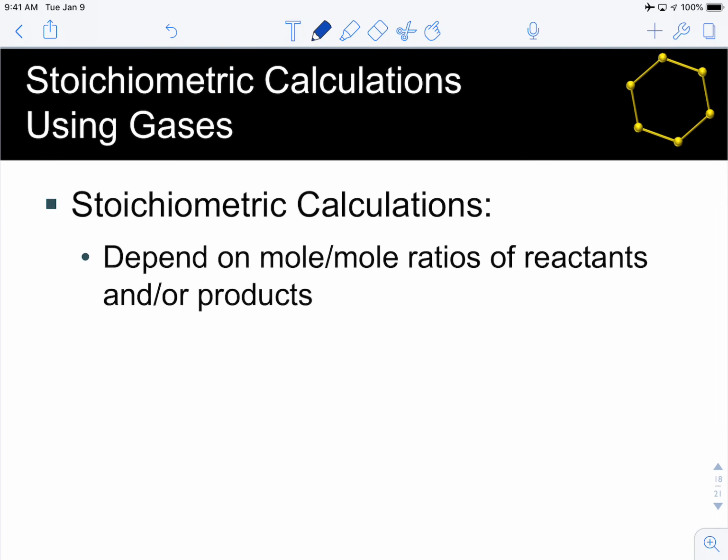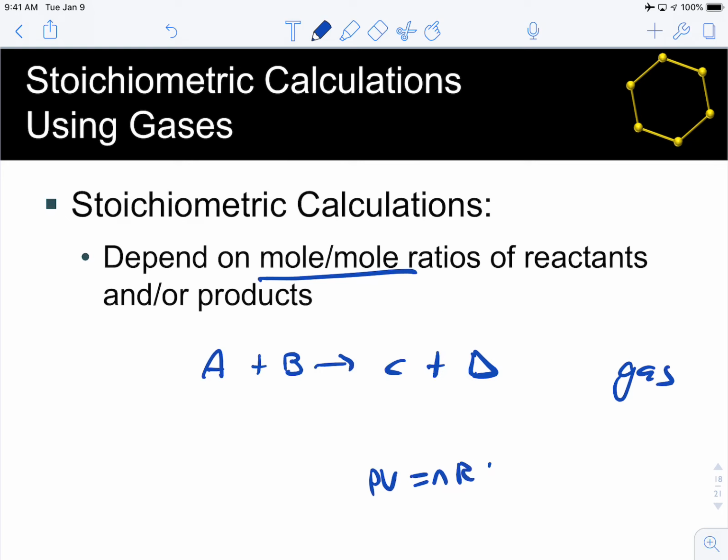One of the last things in the chapter then are these stoichiometric calculations, and this video is getting long, but basically this is no different than what we did before. We're going to be dealing with A plus B going to C plus D, and in some cases we're going to have one of these being a gas. We're still going to use these mole-to-mole ratios, but ultimately if we're asked for what amount of gas is being produced, we're actually going to have to go into PV equals nRT.